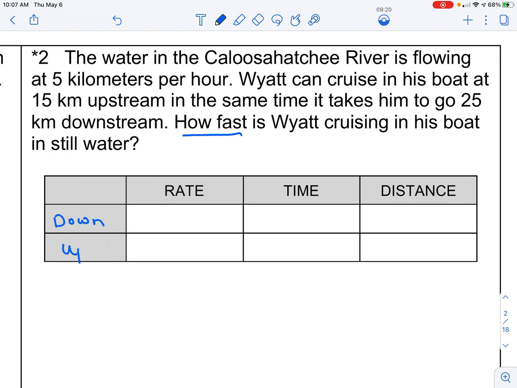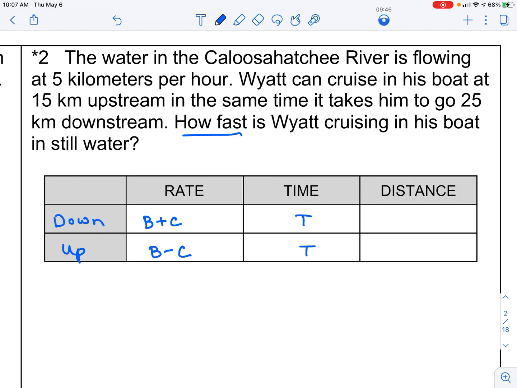All right, so we're going to represent our downstream and our upstream again here because both of those are mentioned. We know the formula is B plus C and B minus C, right? Rate is what we're trying to find here. The time is, let's see. Oh, we don't know time. Okay, so we don't know our time, but we do know our distances.